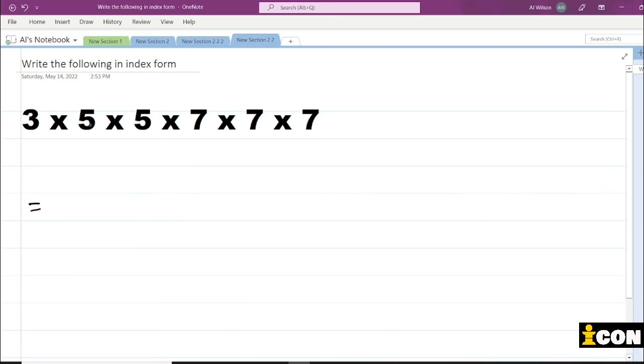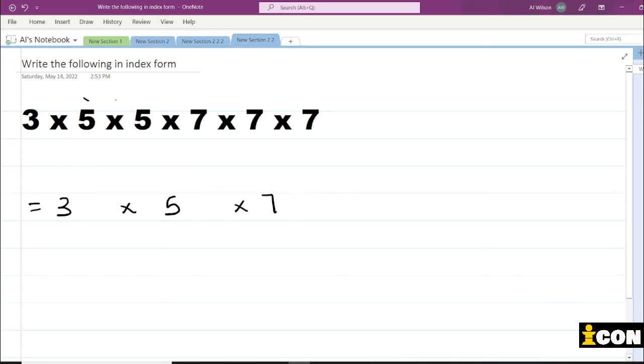So we have 3 times 5 times 5 times 7 times 7 times 7. So what do we have here? We have 3, then we have 5s, and then we have 7s. So I'm actually spacing them out so you can actually see it. So we have 3, we have 3. So that's good.